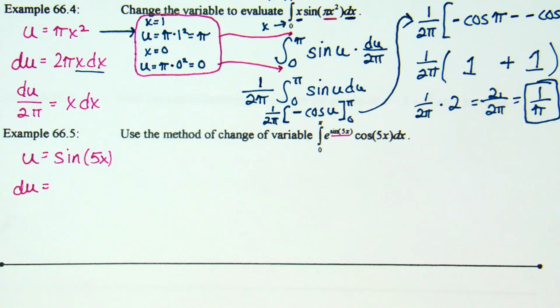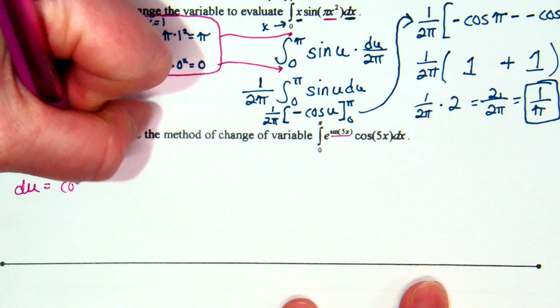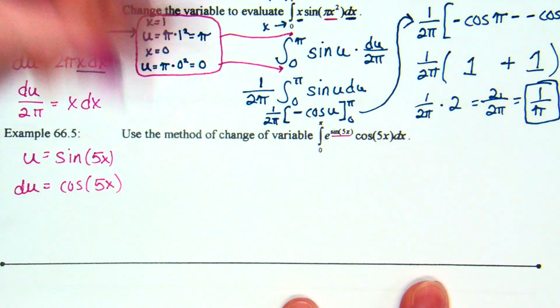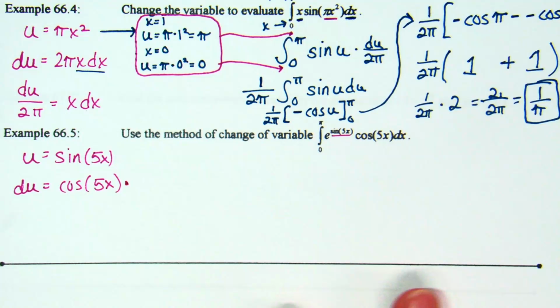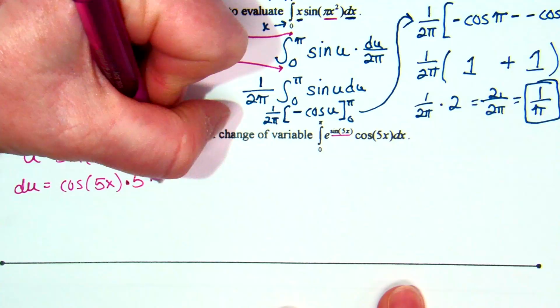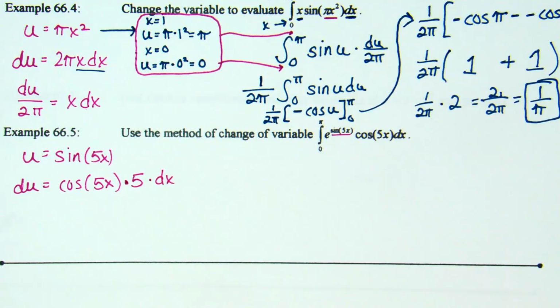Okay, what matches up here, guys? Cosine 5x dx? The part that doesn't match up is the 5. So there's your 1/5 we're going to have. So du over 5 is going to be cosine of 5x dx.